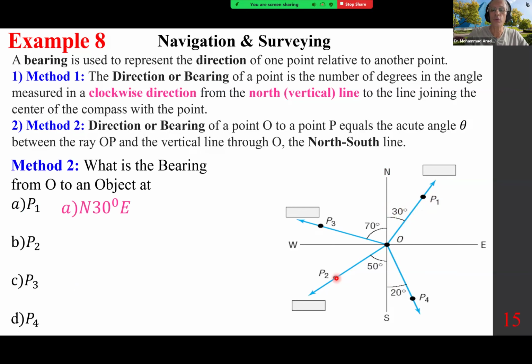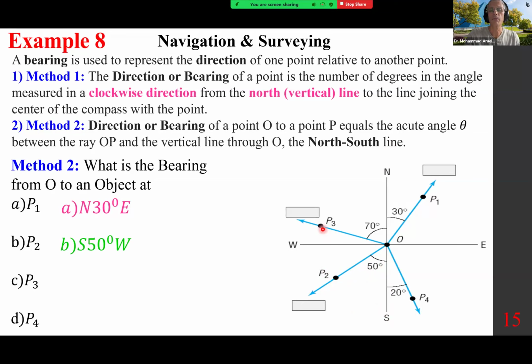Now P2 is closer to the south, so we start with either north or south first. So this is south, and this is west. So southwest, in between is 50. So we say south 50 degrees west.